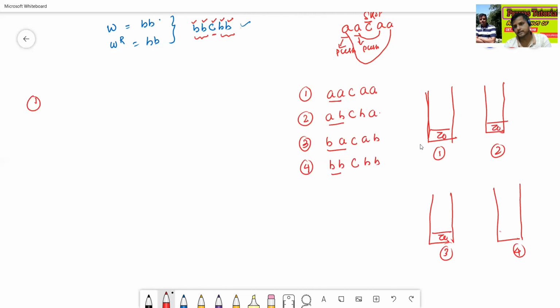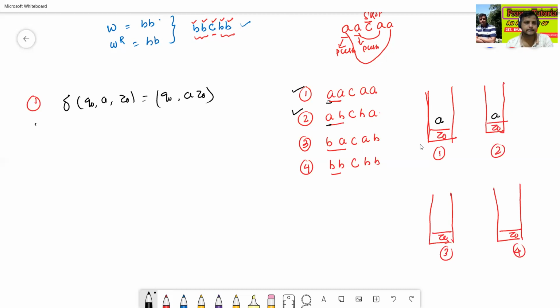If the string starts with A, now I am considering the first and second cases, A will push. So delta(Q0, A, Z0) = (Q0, AZ0). So here A will push.